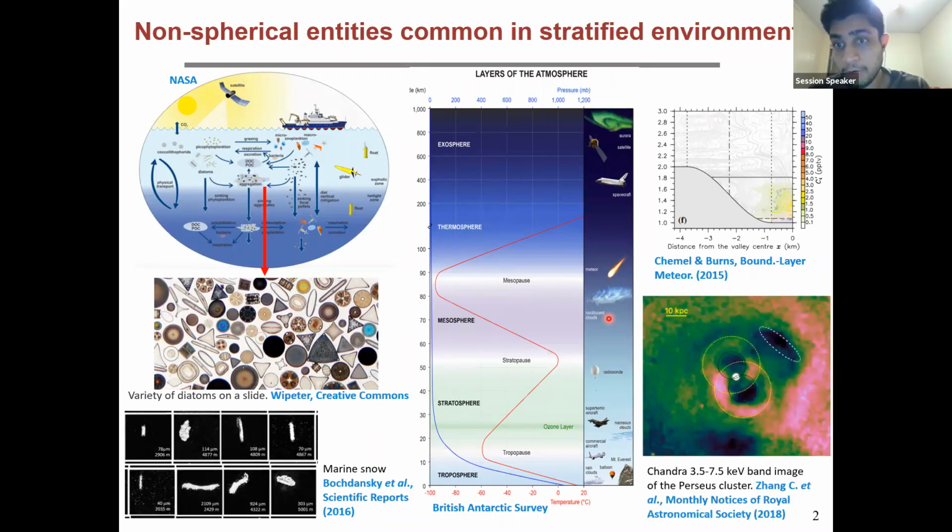And if we go to a cosmic level, then this photograph shows a bubble inside the gas, and this bubble also experiences a variation in the density. So it is an interesting problem to look at.